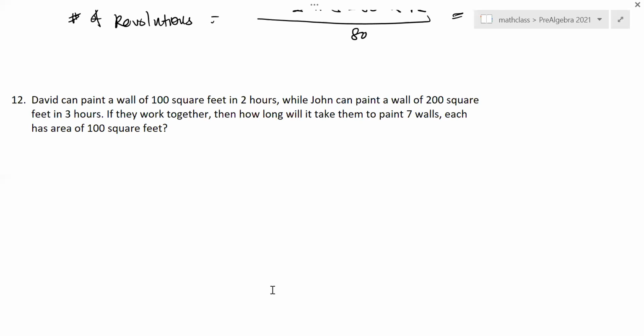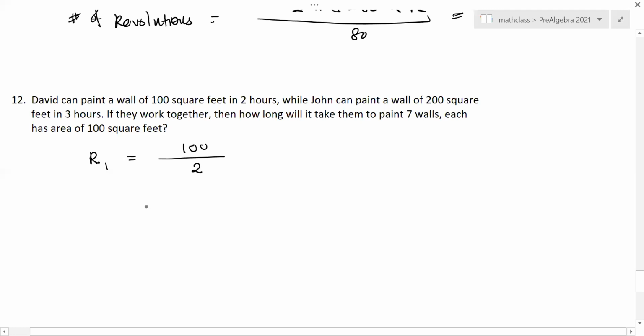A couple of students have shown me the answers now. Okay, let's do this problem. You have to figure out the combined speed. David's rate, called R1, is 100 square feet divided by 2 hours. You don't need to simplify right now.